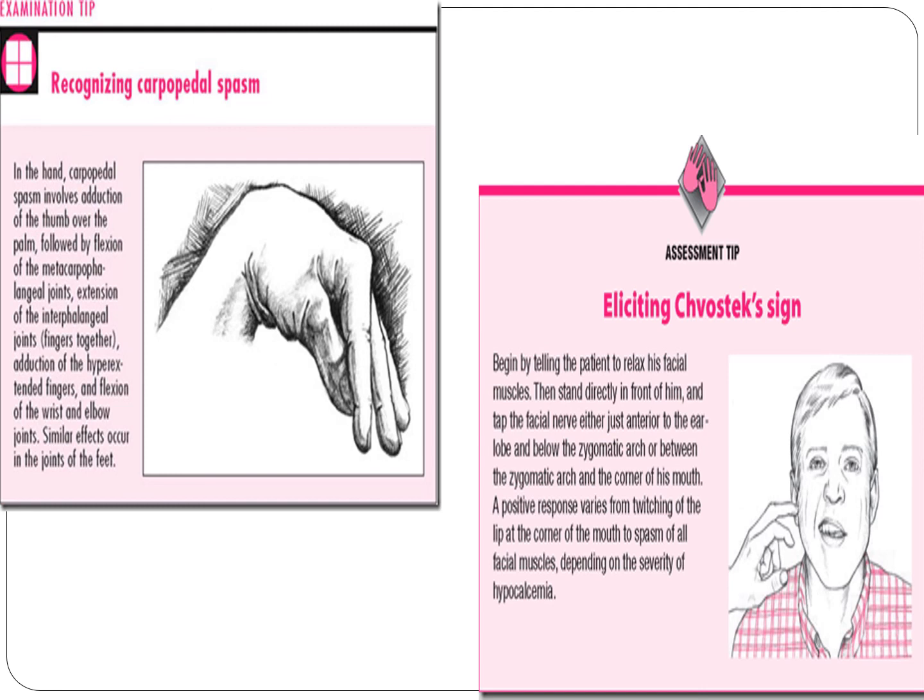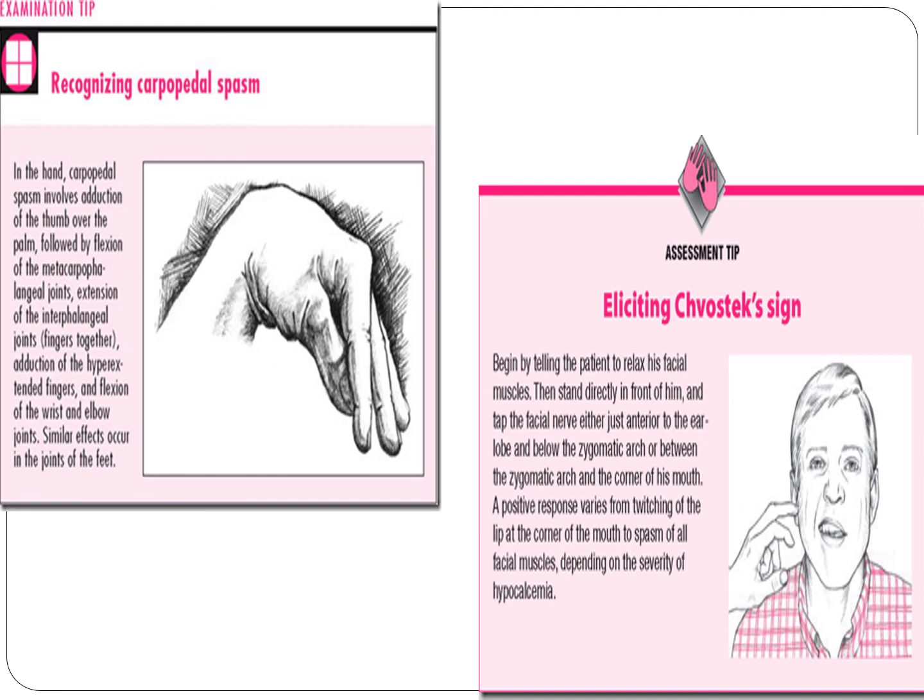You already know the facial nerve main trunk goes anterior to the earlobe, and there are 5 branches. So we tap between the zygomatic and the corner of his mouth. There will be a positive response with twitching of the lip at the corner. You can see in the diagram the lips at the corner of the mouth spasm, with spasm of the facial muscles depending on the severity of hypocalcemia. So these are the two clinical signs we can see in hypocalcemia due to hypoparathyroidism.